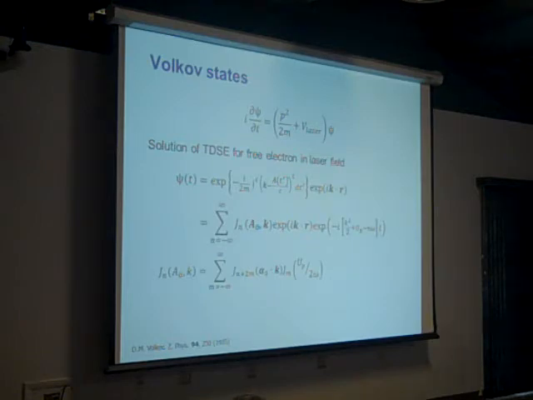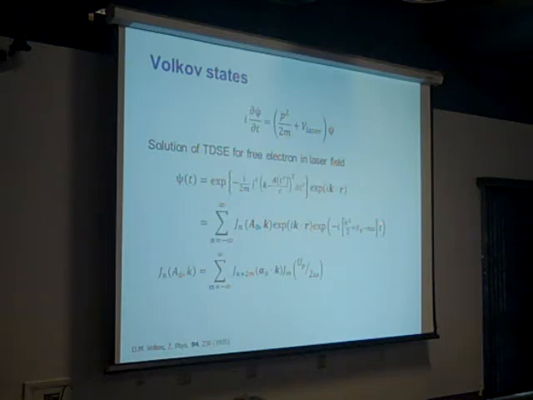Then you have this plane wave form, and you have an energy term here, which is no longer k squared over 2 like for a plane wave, but k squared over 2 plus a term that we call the quiver energy, or the ponderomotive energy, minus n omega. And n omega looks like n times the photon energy, and I'm summing over n from minus infinity to plus infinity.